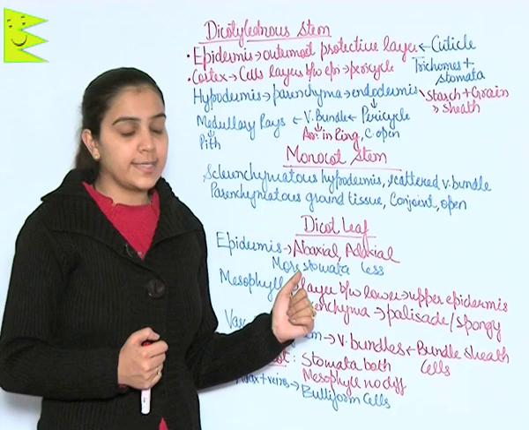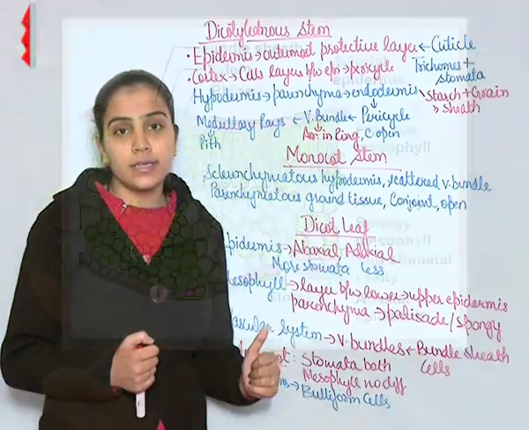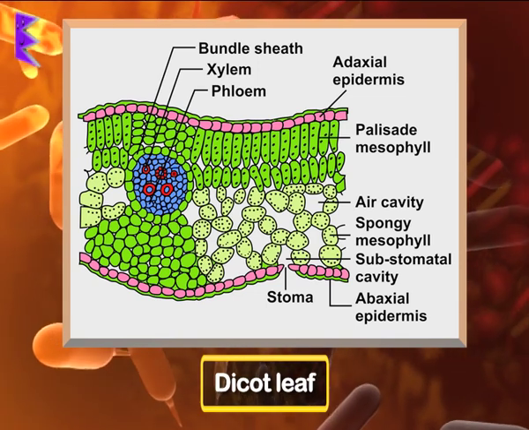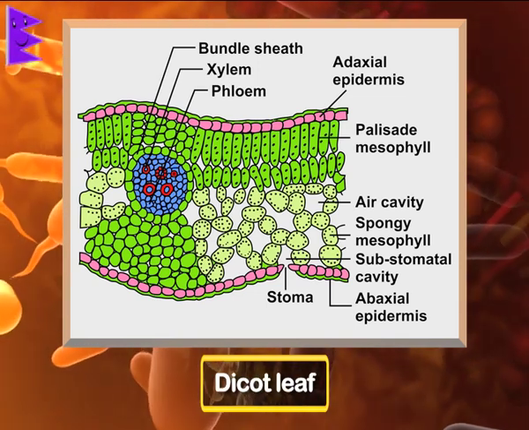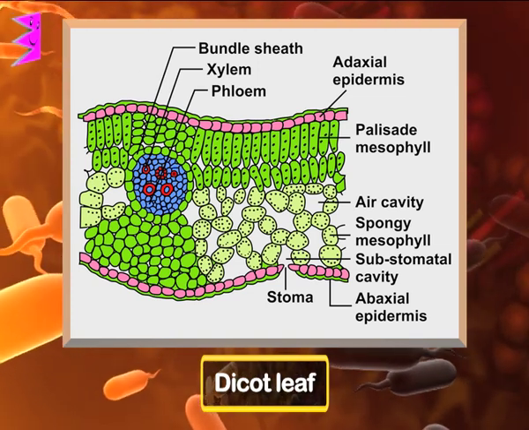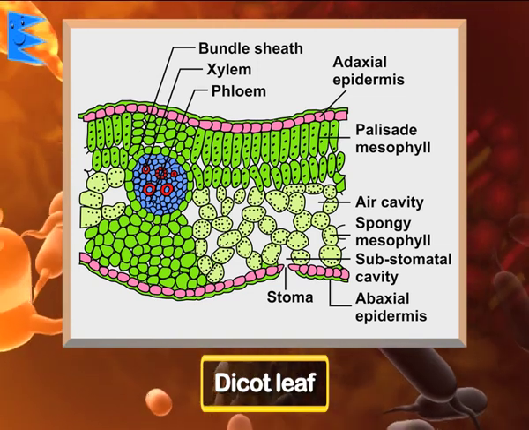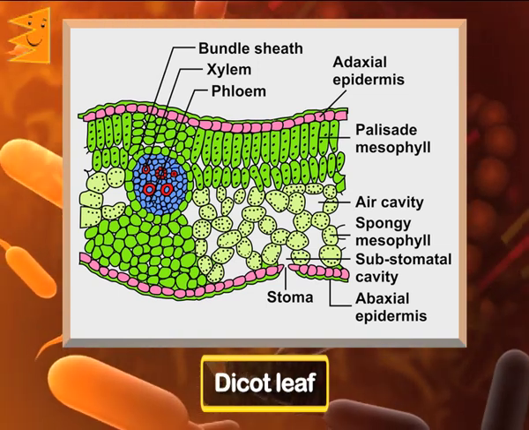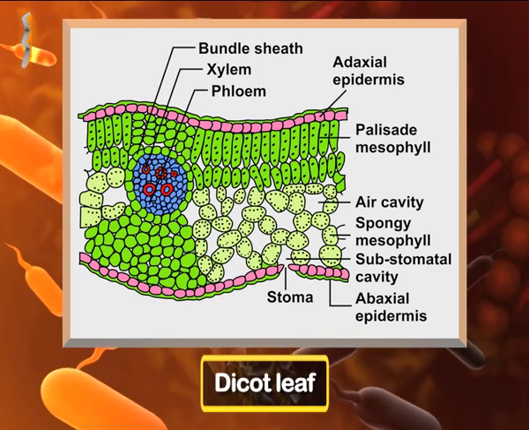Dicot leaf. In case of dicot leaf, you can see in the diagram the epidermis is abaxial as well as adaxial. In the abaxial epidermis, a greater number of stomata are present, whereas in the adaxial epidermis, fewer stomata are present.